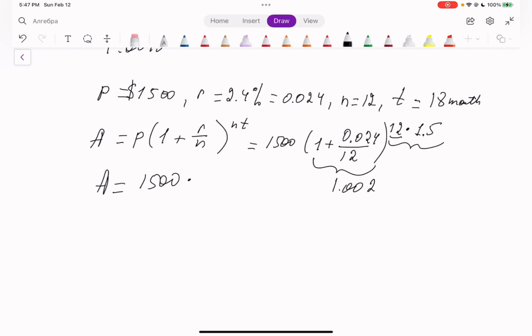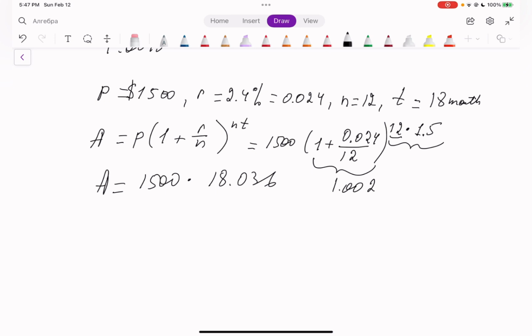I am getting 18.036. Okay, let's multiply by 1,500 and I am getting 27,054. I don't like this number. You can't put 1,500 and get 27,000 with 2.4% in 18 months.